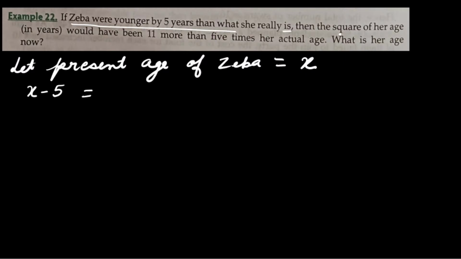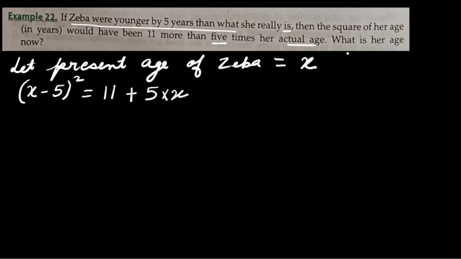So the square of her age, that means x minus 5 square, is 11 more. More means plus. 5 times her actual age. Times in maths means multiplication. Actual age means present age.